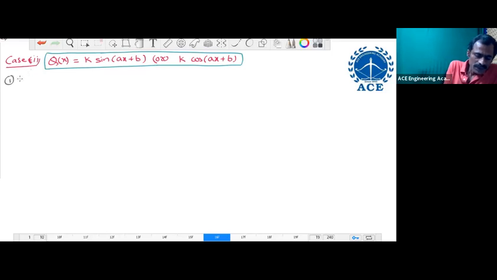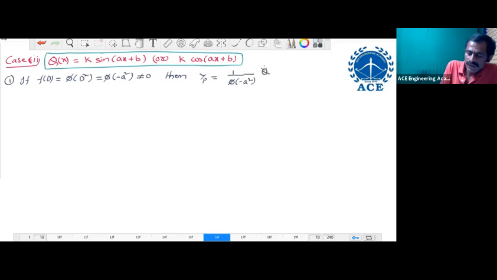In which, first point: if f of d equal to phi of d square equal to phi of minus a square not equal to 0, then yp equal to 1 by phi of minus a square of q of x.